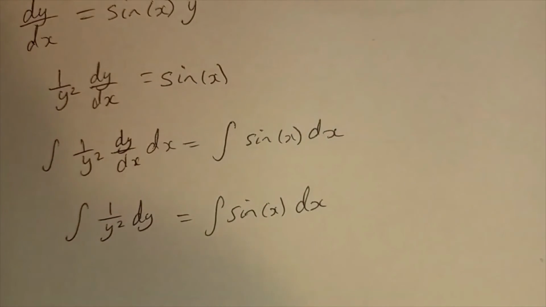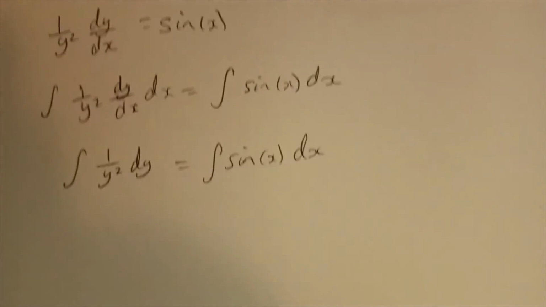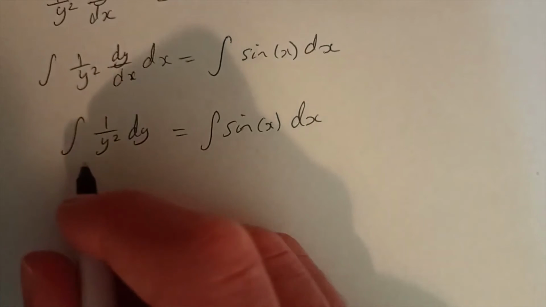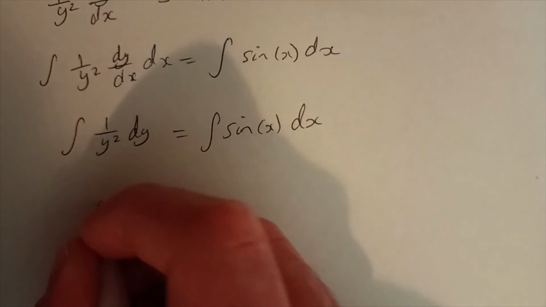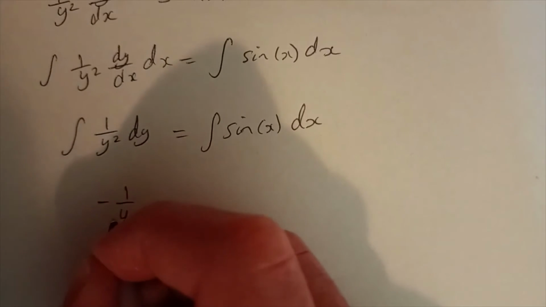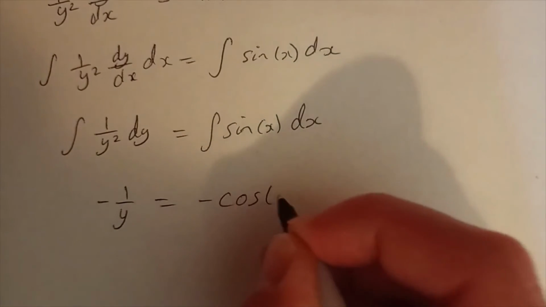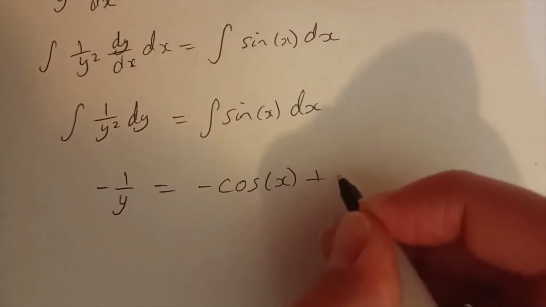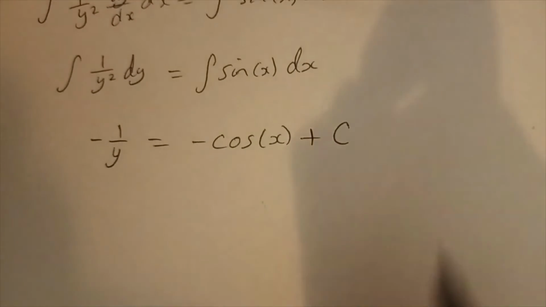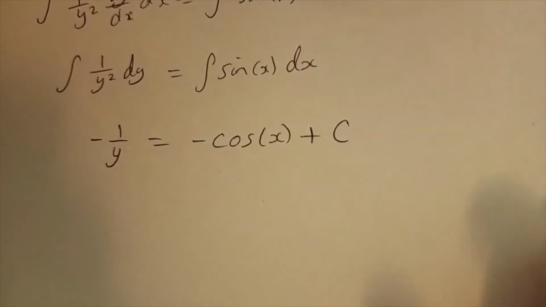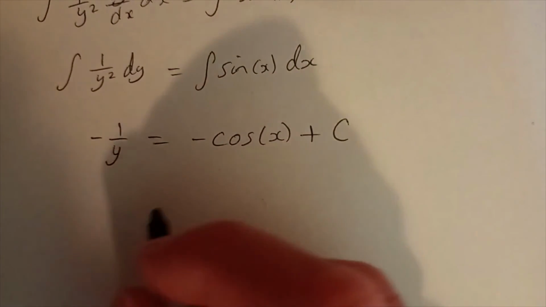So we've separated: we've got y on this side and x on this side. Now we just find antiderivatives, and we get an integrating constant again, which I've called C. So all we have to do now is rearrange for y.